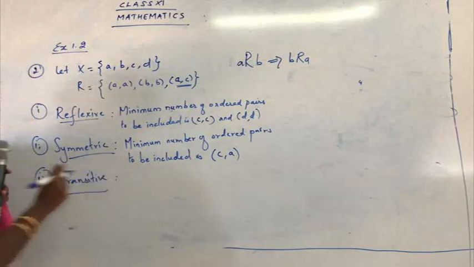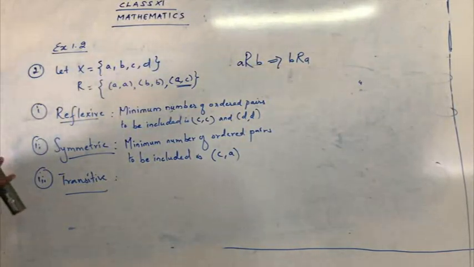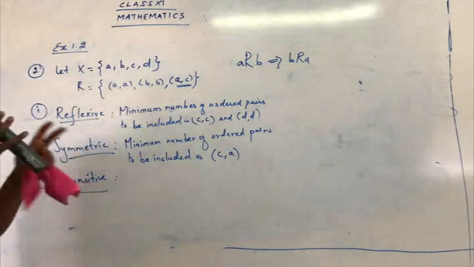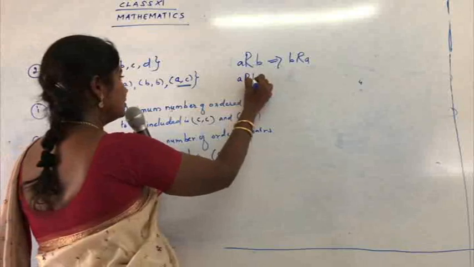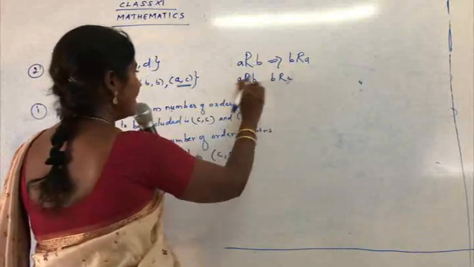So just see carefully, children, the relation. We have AA, we have BB, we have AC. So I have a pair dealing with one element, done. I have a pair dealing with two elements, okay. But I don't have a pair which is related to three. Like I don't have a pair which satisfies the condition A related to B, B related to C. We don't have such a condition.